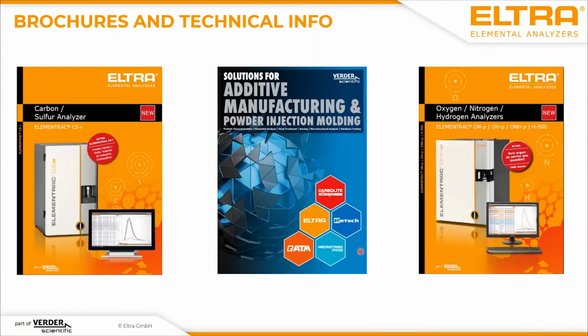The brochures are probably interesting to get a general overview, but the technical information are collections of articles about certain fields of analysis. Here, for example, shown the solutions for additive manufacturing and powder injection molding with our analyzers. Not only ours, you will find also articles from our sister companies like Wedge, Microtrack, QATM, and Carbolite Gero.